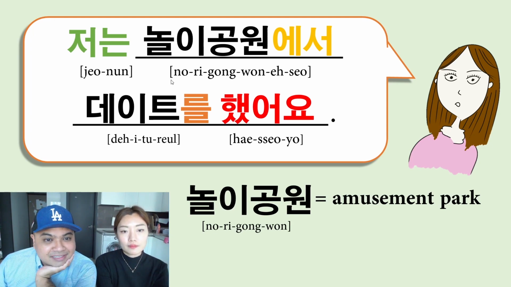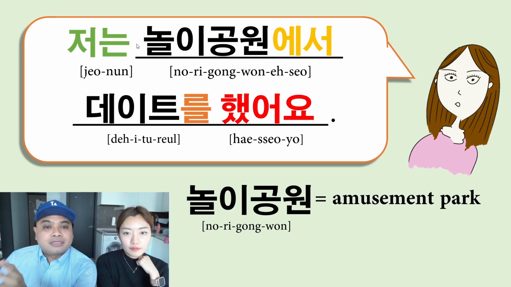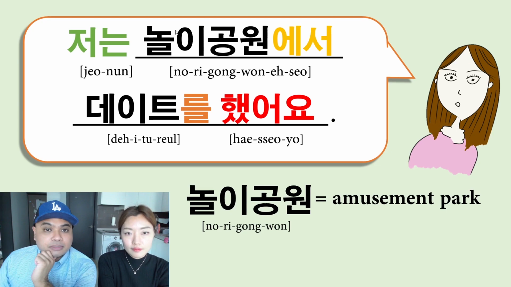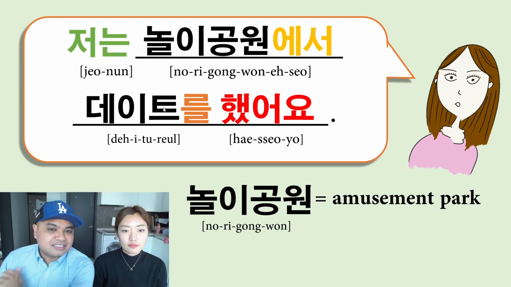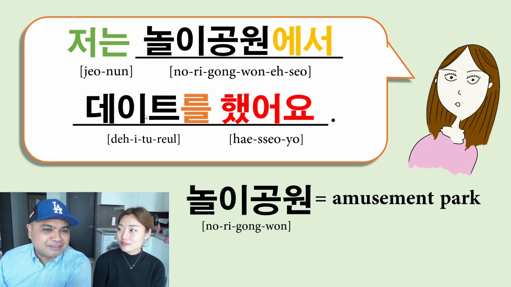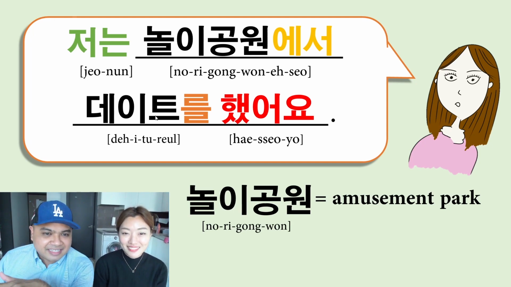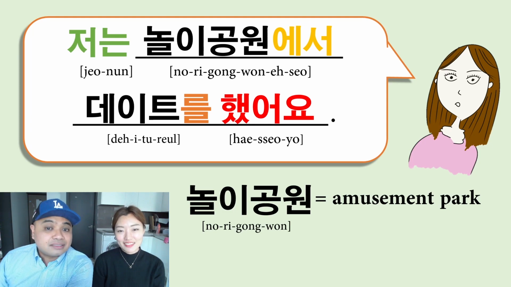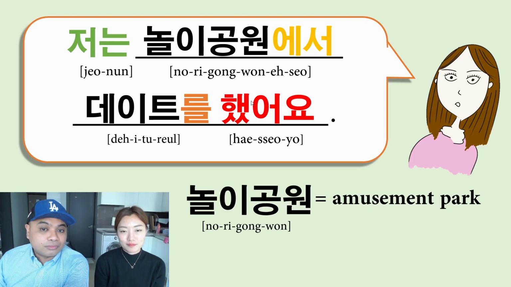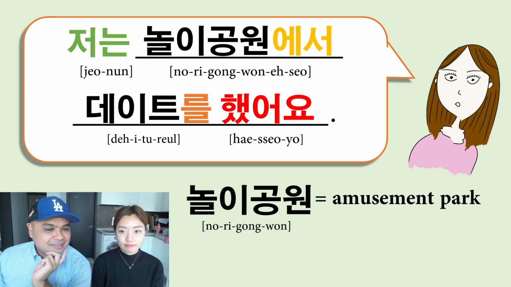Of course the first part, we need 놀이공원에서. That means at the amusement park. Then 데이트를 했어요. And remember, the verb is always at the end, right? 했어요. So that's the end of our examples.